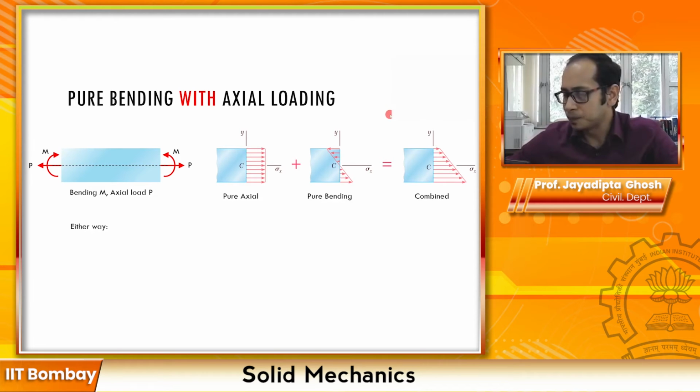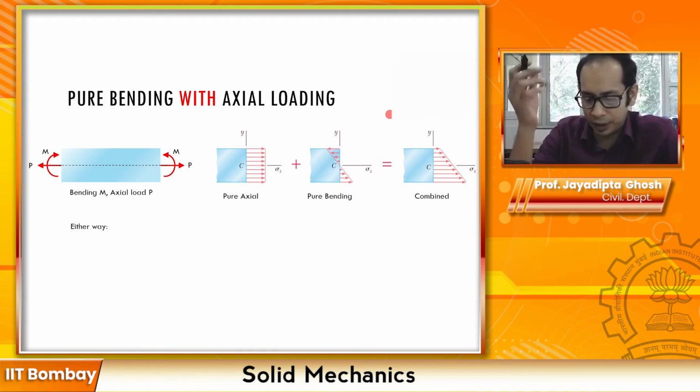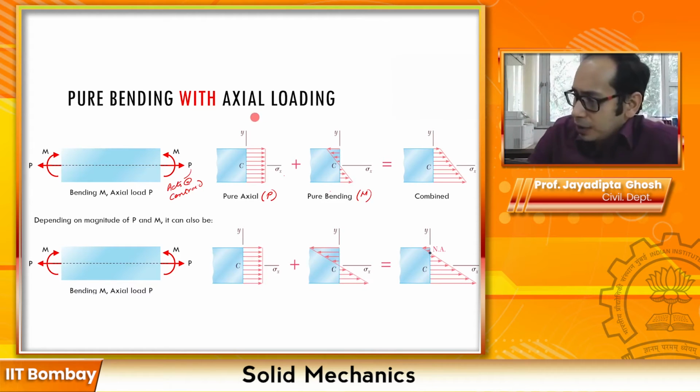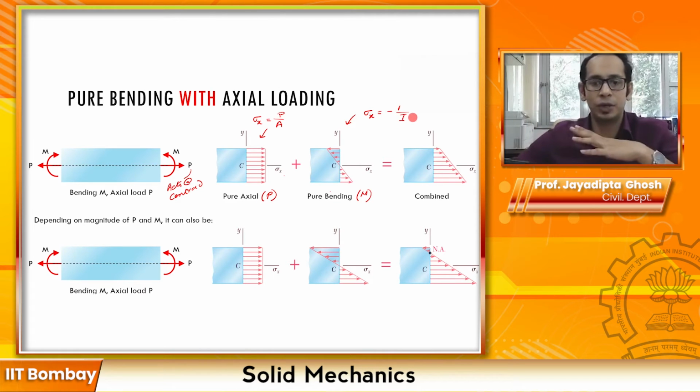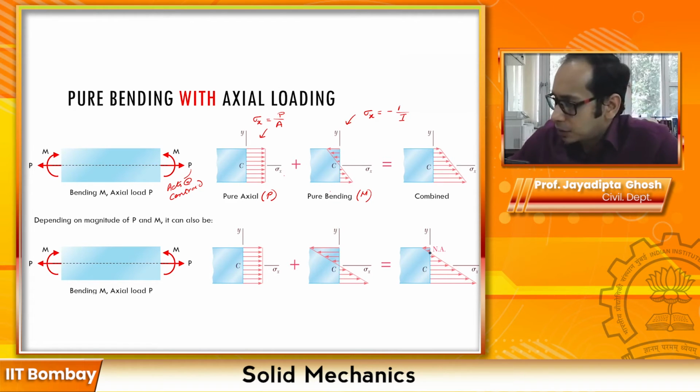Now for this particular case, if we have to write our sigma, let's go back to the previous slide. Remember that what we are used to writing is that sigma x is essentially P divided by A for this one, and for this one we had seen that sigma x is equal to minus My by I. Again, don't be too bogged down with the signs and everything. Always make a logical judgment about the sign. Let me just rewrite that slightly below, it overlapped with my camera.